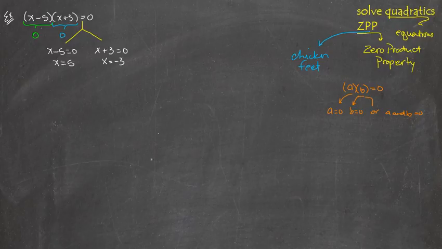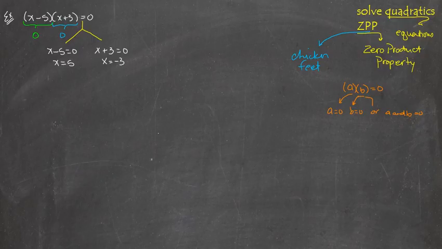Now, probably I didn't need to write the equation, but this is the algorithm I want you to use, at least while you're developing this skill. So x minus 5 equals 0. What would x have to be for that to be true? Obviously a positive 5. x plus 3 equals 0. What would x have to be? Obviously a negative 3.